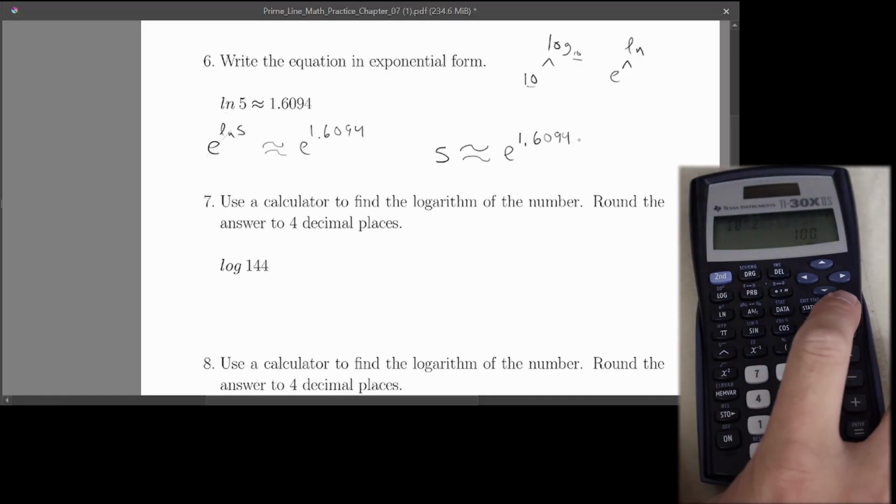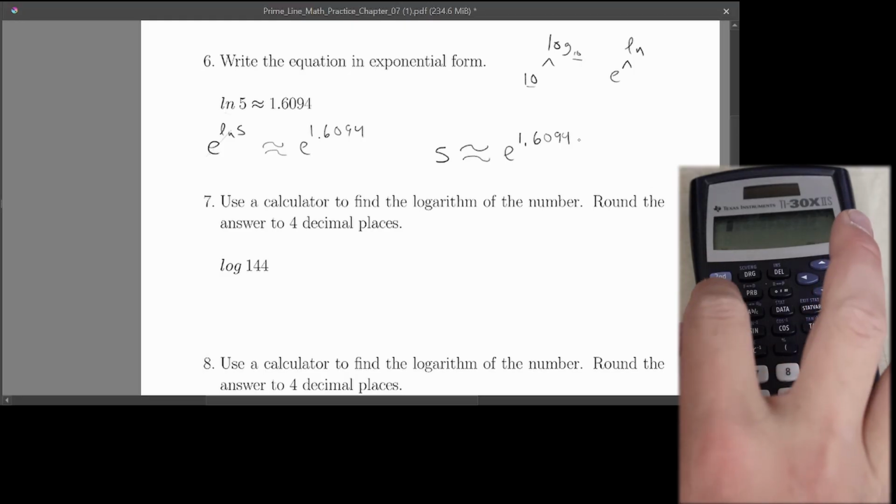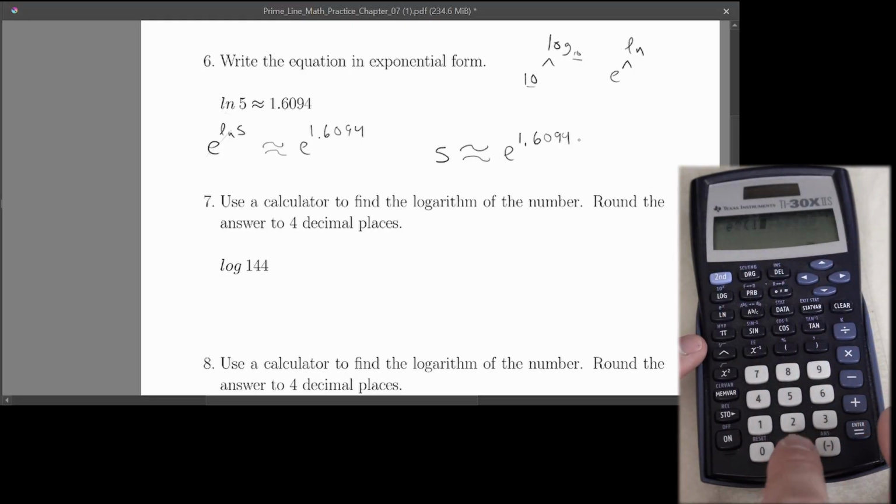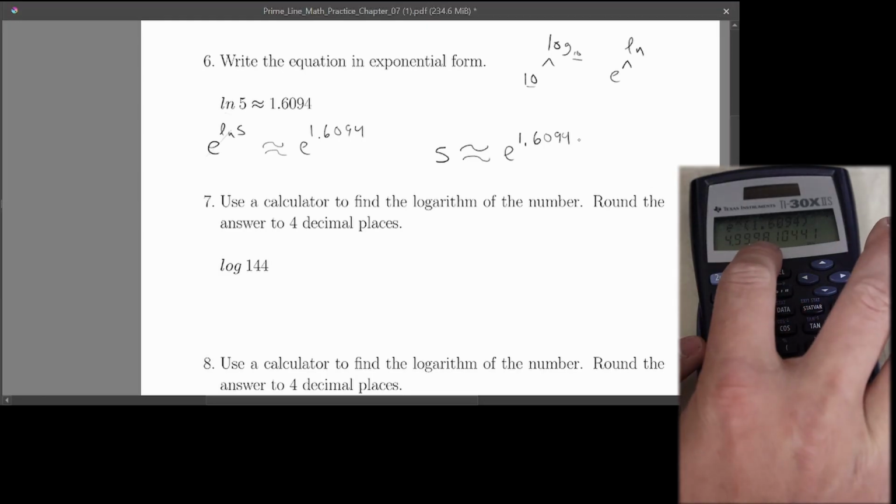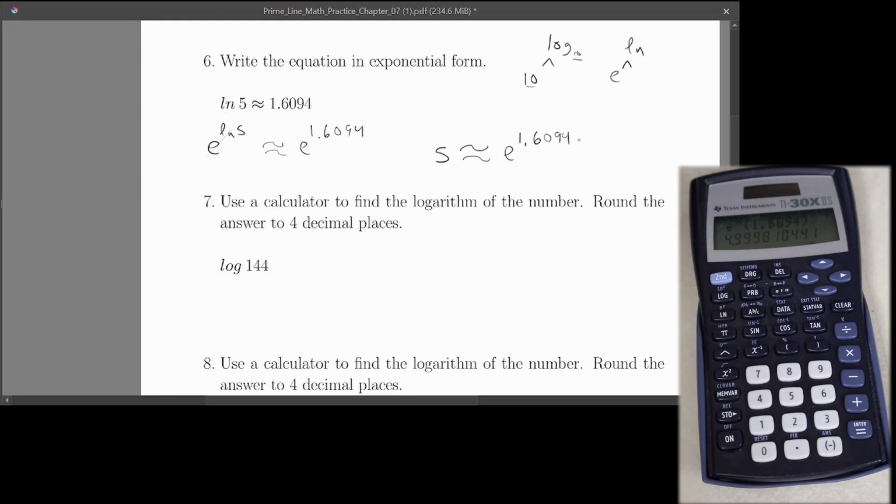And we can check that in our calculator. We can take e to the 1.6094, and 4.9998 rounds up, or is equivalent, rounding to 5.